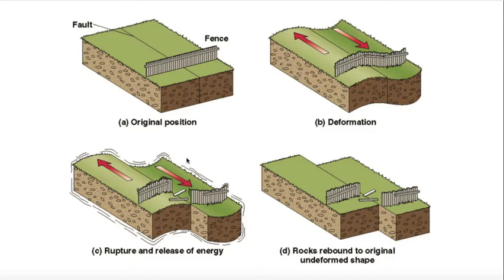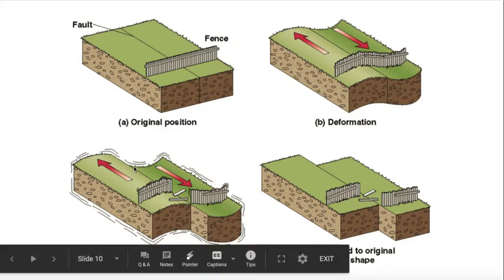This shows you the original position, the deformation that happens, and deformation means that it's changing and it's being bent or pushed or pulled. The rupture, the release of energy that's happening here, it's going in opposite directions. And this is what it looks like once the earthquake has stopped.